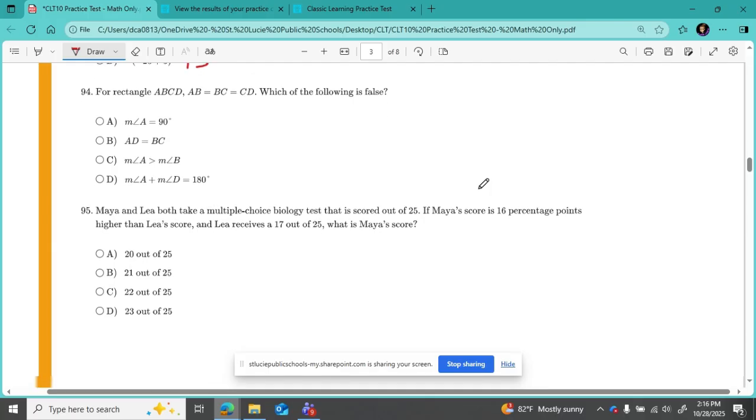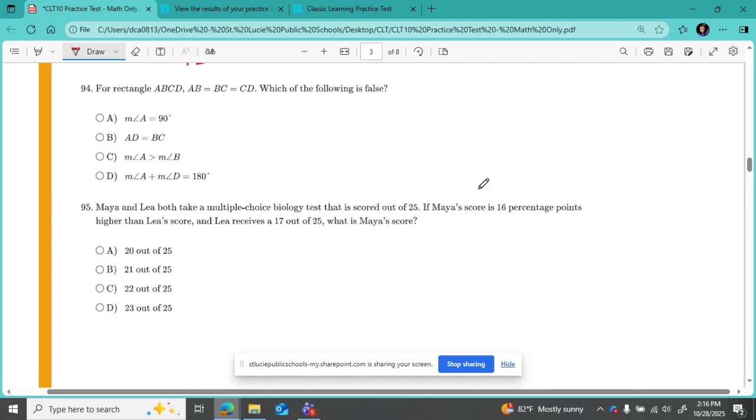Number 94 says for rectangle ABCD, AB equals BC equals CD. Which of the following is false? So for rectangle ABCD, if AB equals BC equals CD, then we actually have a square.